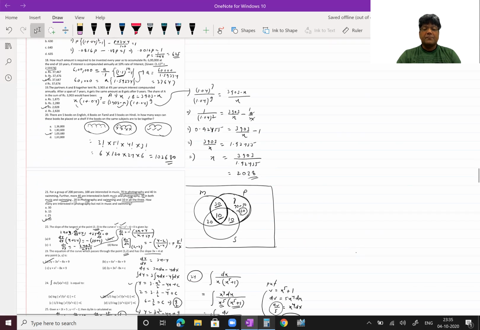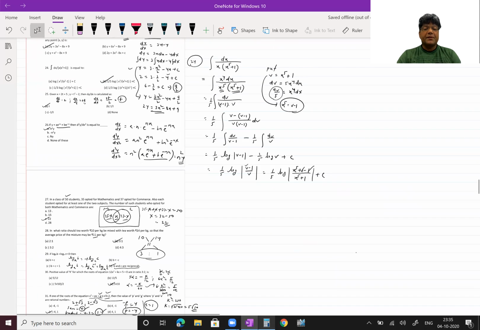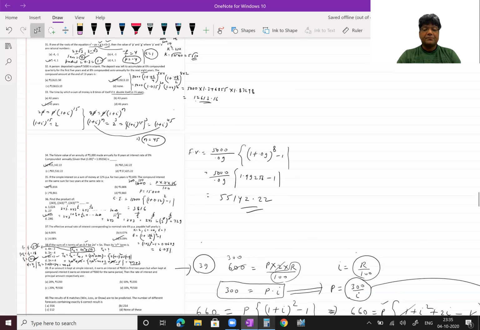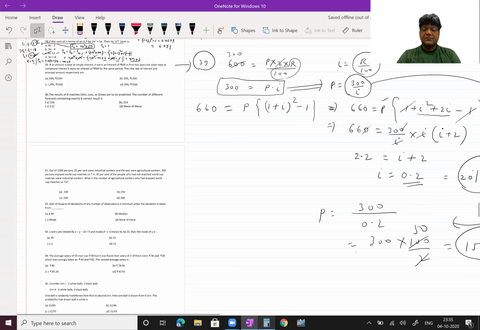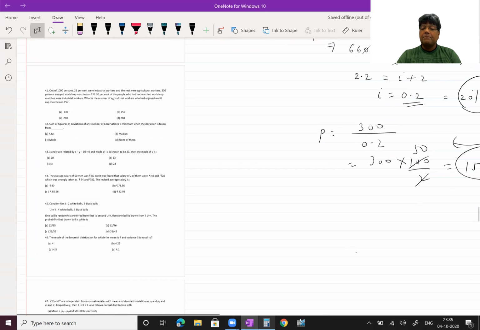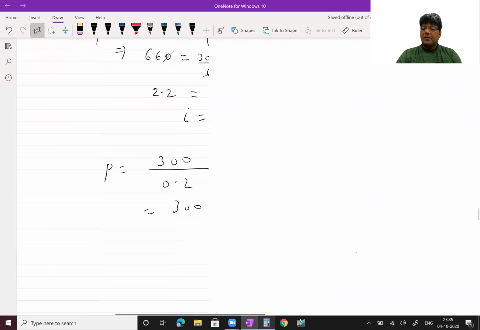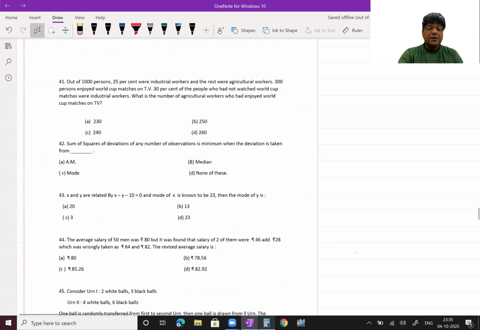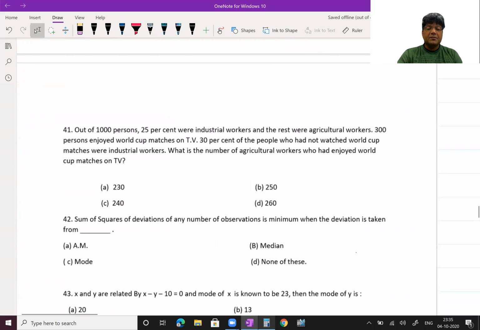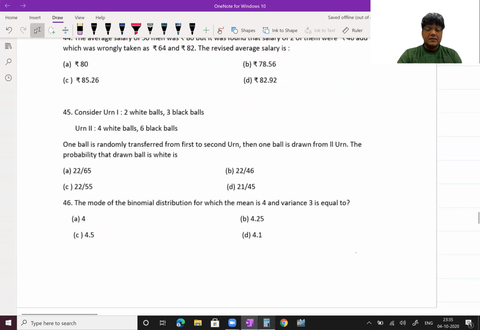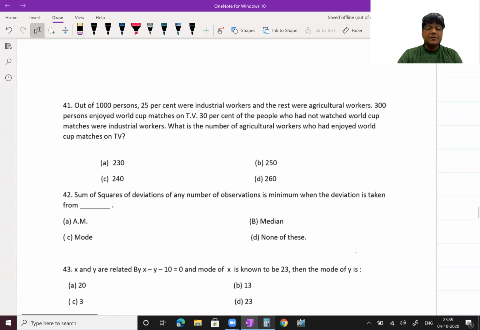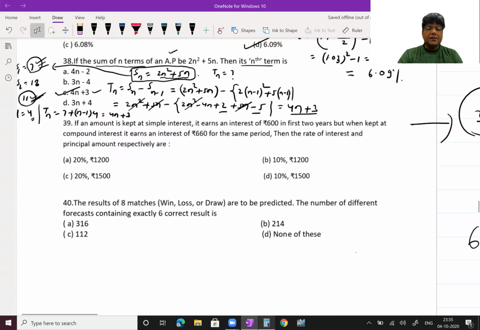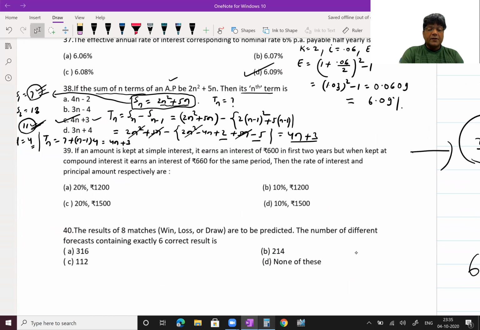Guys, wait for some time. It's loading. Let it be completed. Done, no? Yeah. Our answer here is 15,000 and 20%. Question number 39: 20%, 15,000.